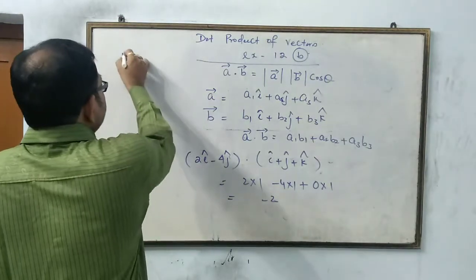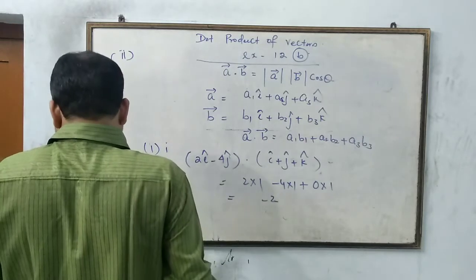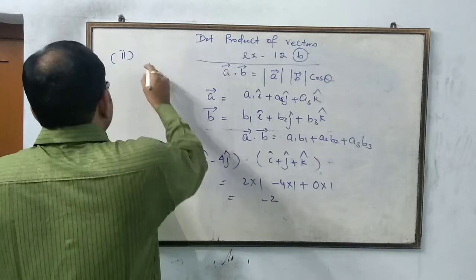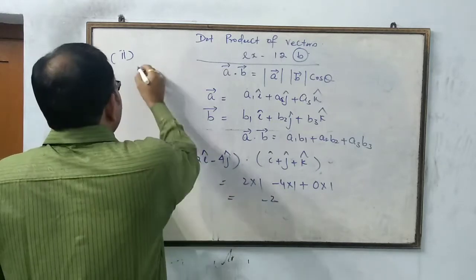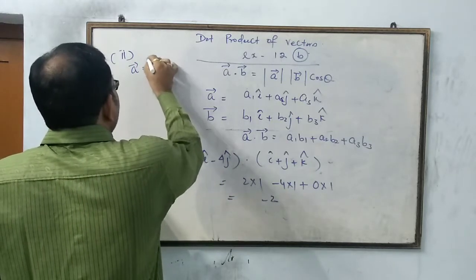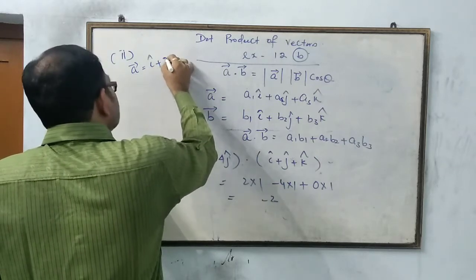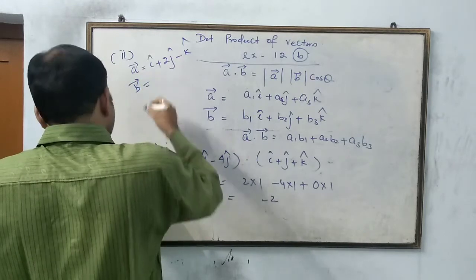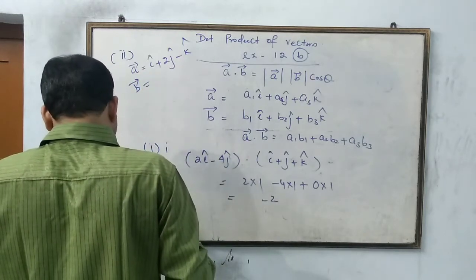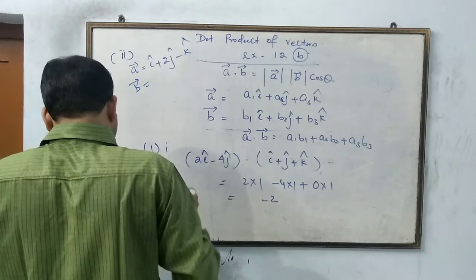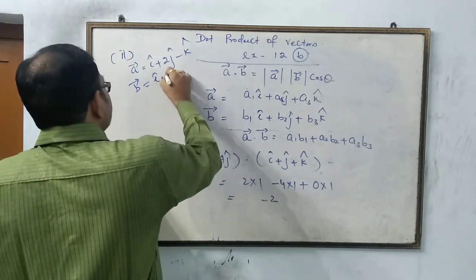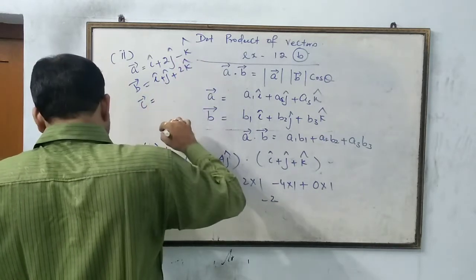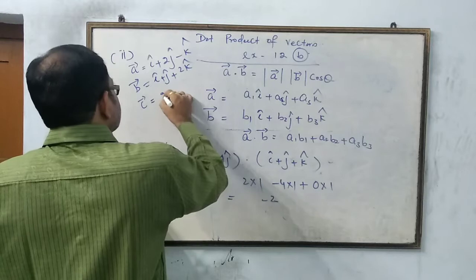Second bit, a similar question. a is equal to i plus 2j minus k, b is equal to i plus j plus 2k, and c is equal to 2i minus j.